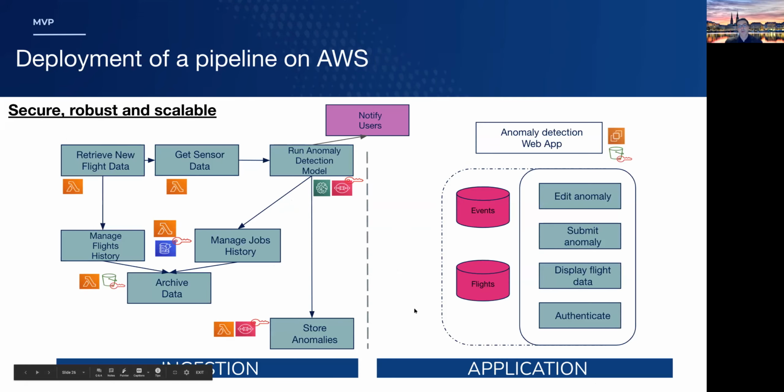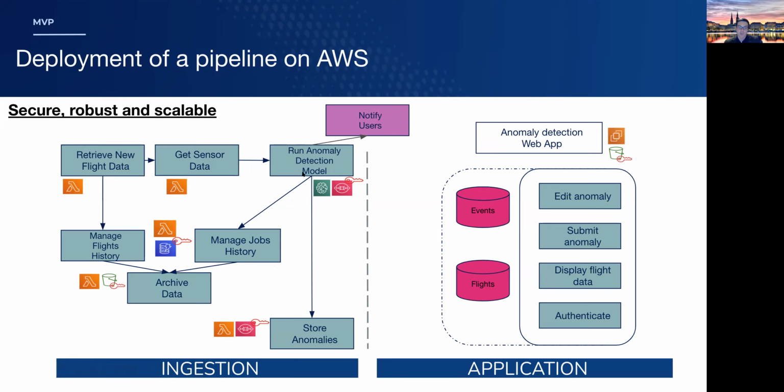Okay, and this is what we are deploying. If you are interested in the technical background, we have on-premise data lakes containing all the data, the events, and the flights. We use AWS, Amazon Web Services architecture. We retrieve automatically new data, which is ingested after flights. We get the sensor data.